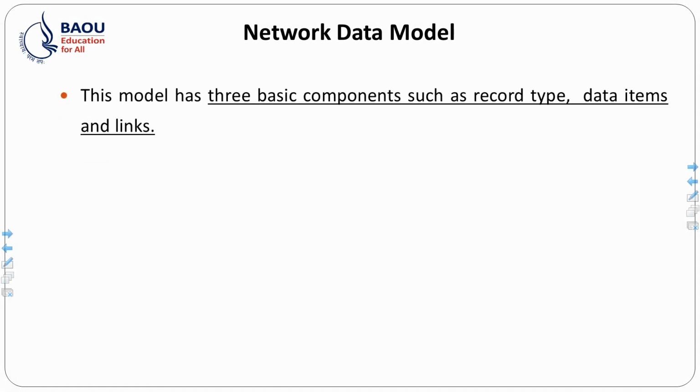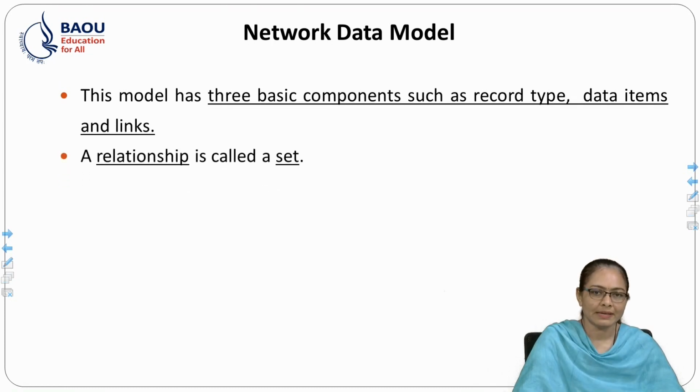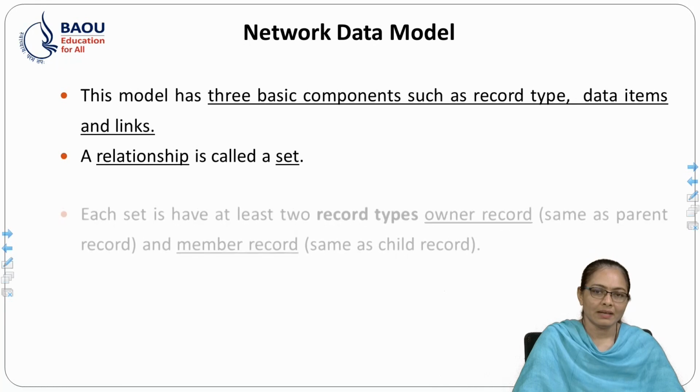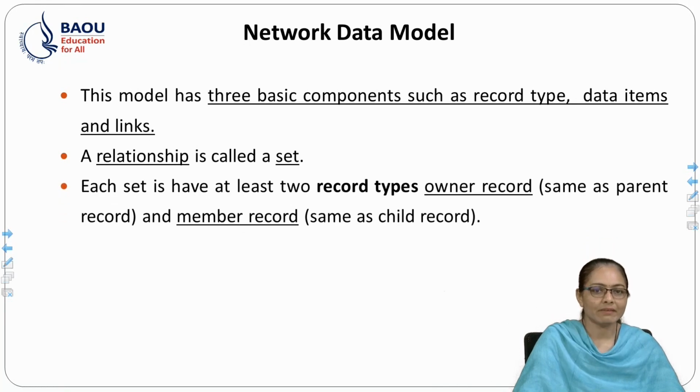Now the next is the network data model. This model has three basic components: record type, data items and links. The relationship is called a set. Here we can say the relationship is a set, and each set has at least two record types, which are the owner record and the member record.